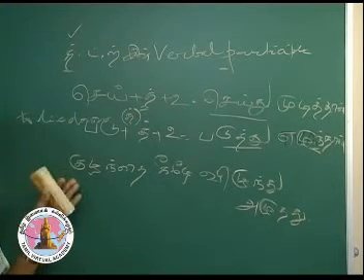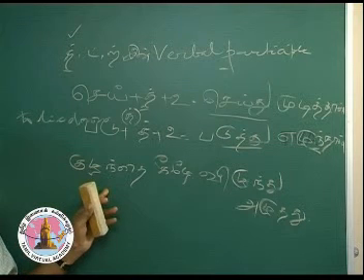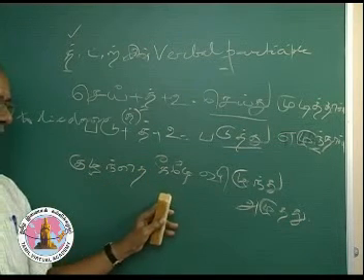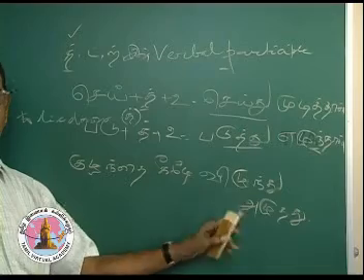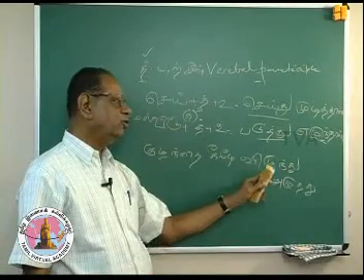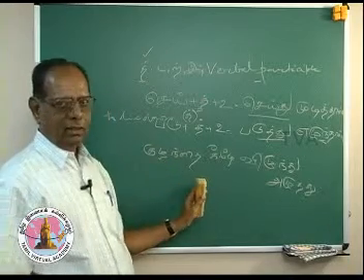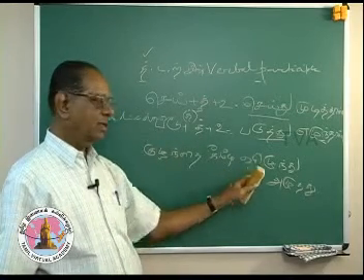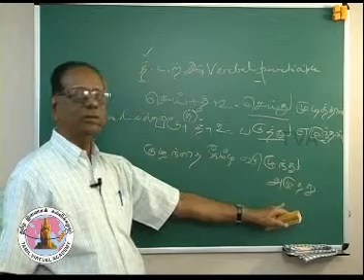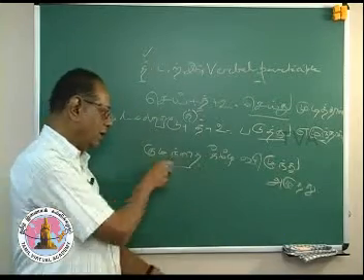It is a full sentence. குழந்தை கீழே விழுந்து அழுதது. I have deliberately used this ra in all the words. குழந்தை கீழே விழுந்து அழுதது. குழந்தை, the child.